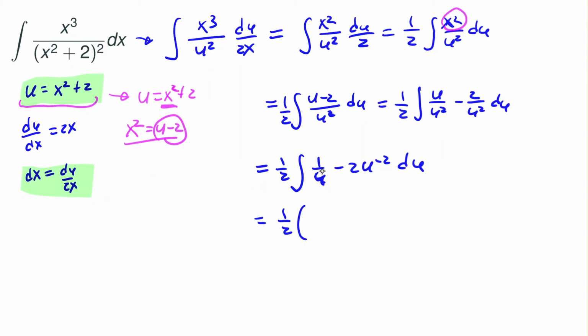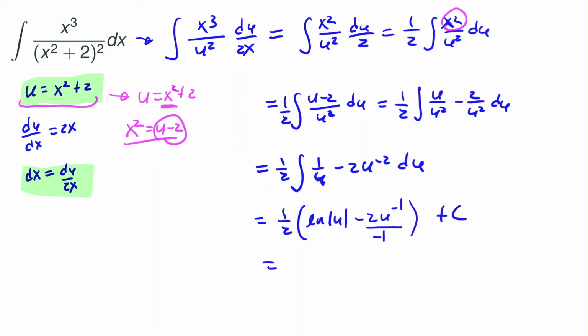The antiderivative of 1 over u is natural log. And for this one, we just reverse the power rule. So we add 1, which gives negative 1, and divide by the number, plus c.